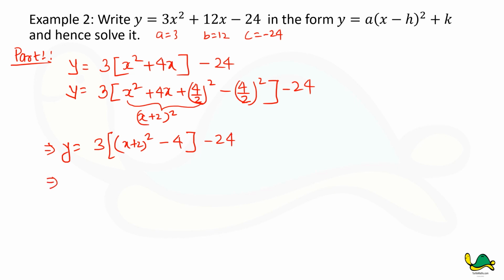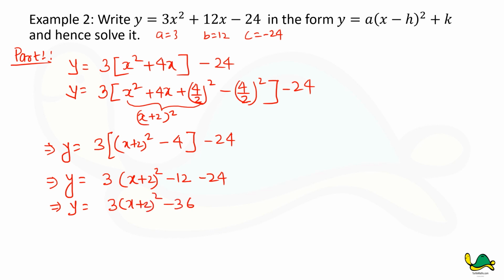Now I can expand this bracket, so y is equal to 3 times (x plus 2) whole square minus 12 minus 24. It implies that y is equal to 3(x plus 2) whole square minus 36. So our part 1 is done.